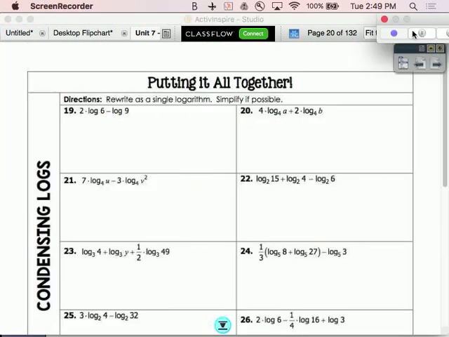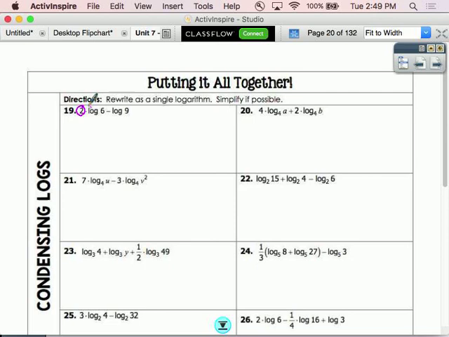All right. So remember, when we're condensing into a single logarithm, plus becomes multiply, minus becomes divide, a number in front becomes an exponent. So we see this. The 2 is only in front of the log 6. So this 2 only goes here. What's that going to make that?